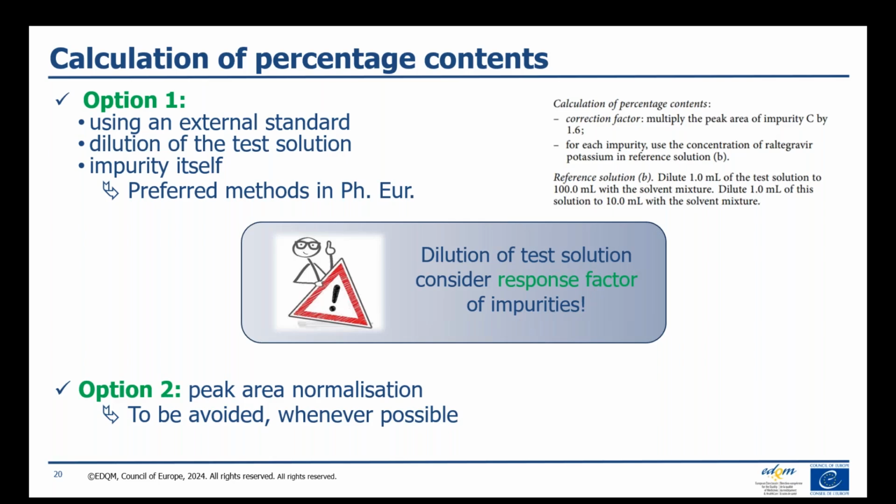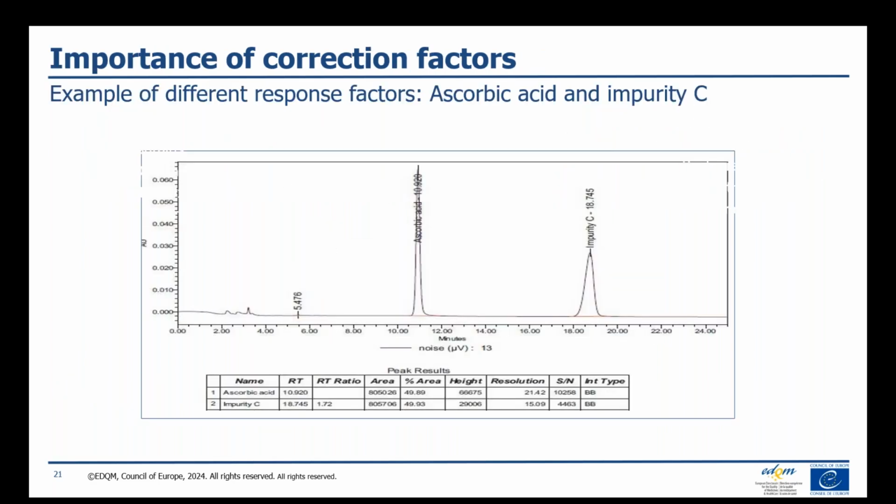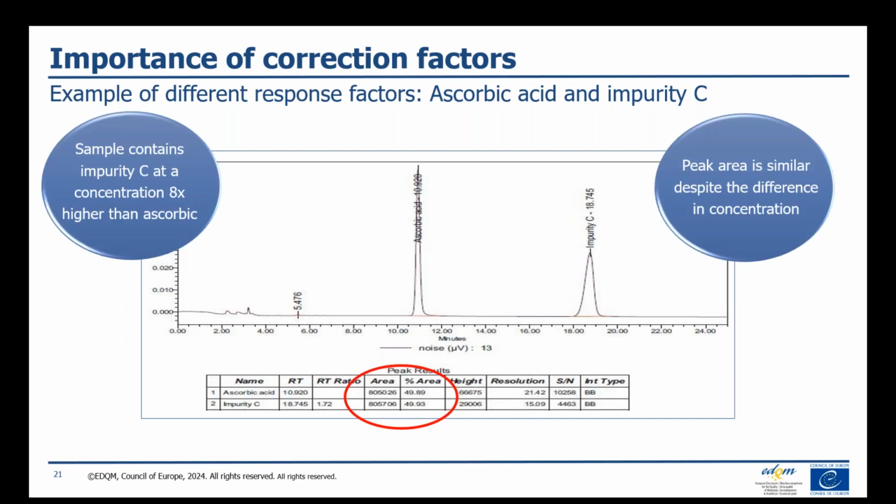So I will explain why it is important to check the response factor. Here you can see a chromatogram of a solution which contains ascorbic acid and its impurity, impurity C. If you look at the area of the two peaks, you can see that there is a similar peak area, but the solution which has been injected contains impurity C at a concentration 8 times higher than ascorbic acid.